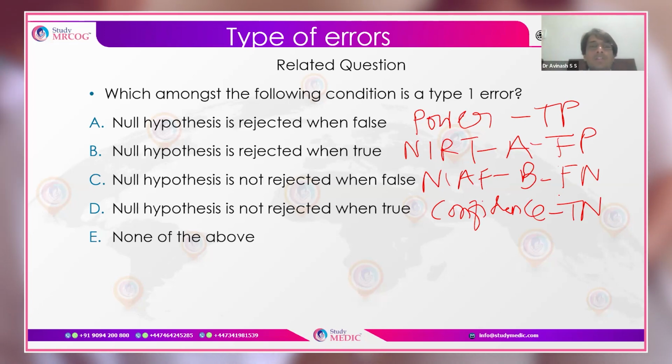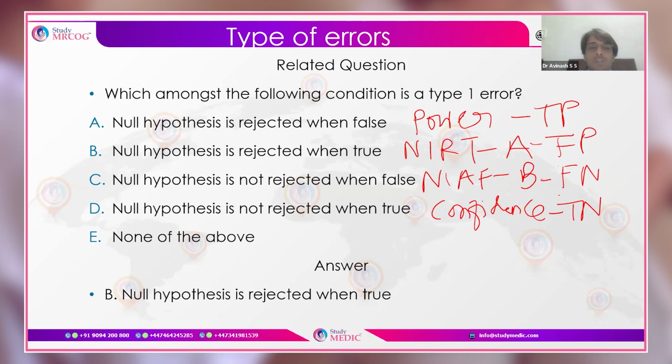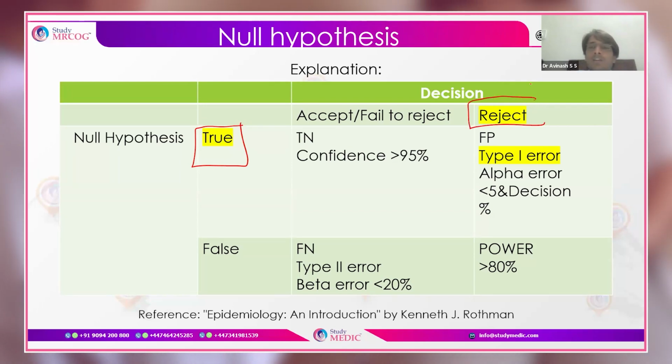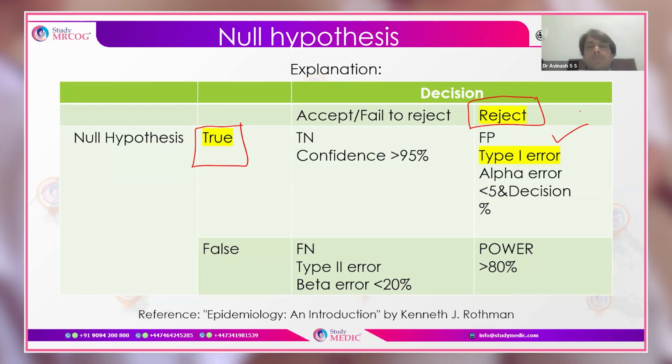Okay, so we will see the type 1 error here. The mnemonic that we used: null hypothesis is rejected when true. That is, when true, we are wrongly rejecting the null hypothesis and saying that there is a difference. For example, there is a difference in creatinine between male and female.